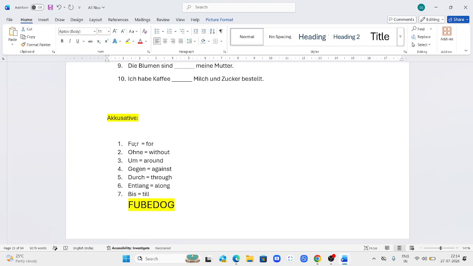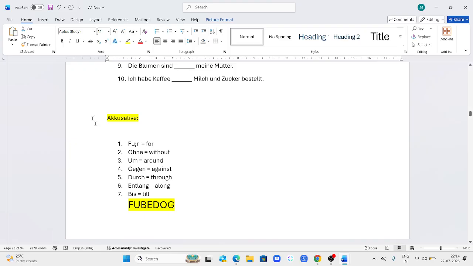Okay. Now that we know that für is always accusative, very good. Für is accusative, mit is dative. Not only für, along with that, we have some more words that will always take accusative.